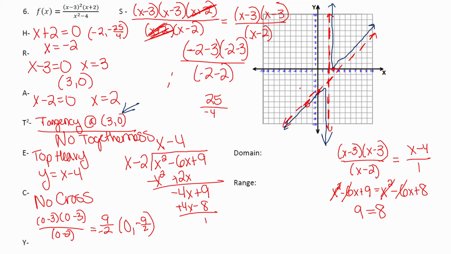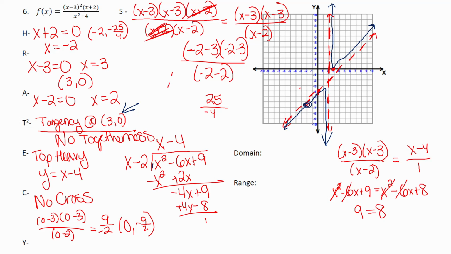I got to write my domain. Now, most of the time on the last couple of problems we've been doing, we've been looking at the vertical asymptote, and that's the only thing that causes the problem, right? But we have another issue. We have that hole that's going to cause a problem in our domain. So we have technically two problems of the domain.